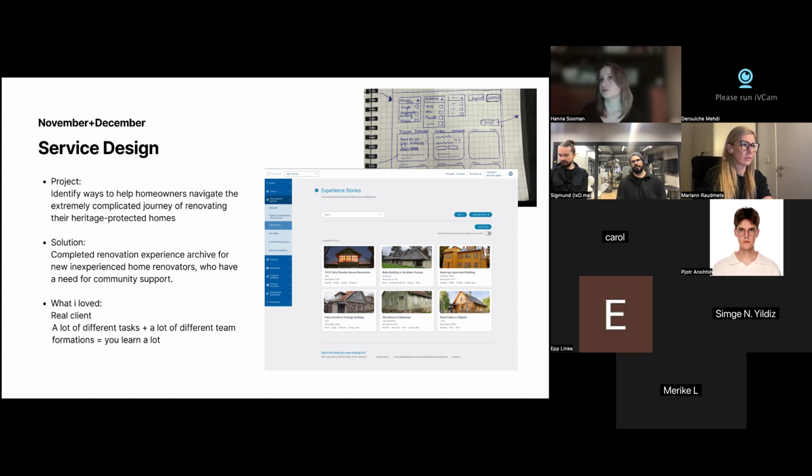We followed the double diamond design method, which is a design process that consists of a lot of different tasks. So I enjoyed working with many different hats in this project. I learned a lot of different methods, and it was done in a lot of different team formations as well.